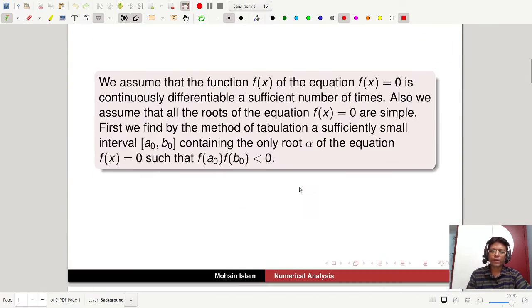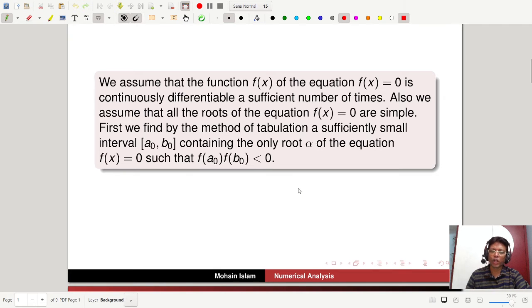Again we have the same assumption, that is, we consider a smooth function f(x) satisfying the equation f(x) = 0 that is continuously differentiable a sufficient number of times.